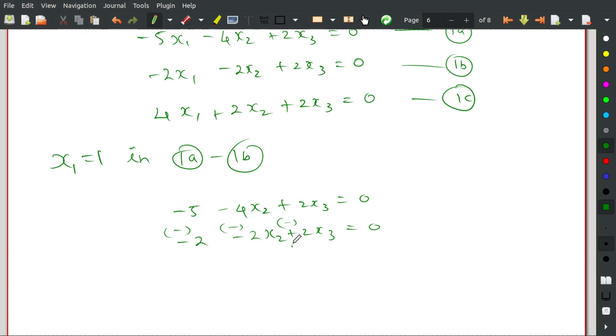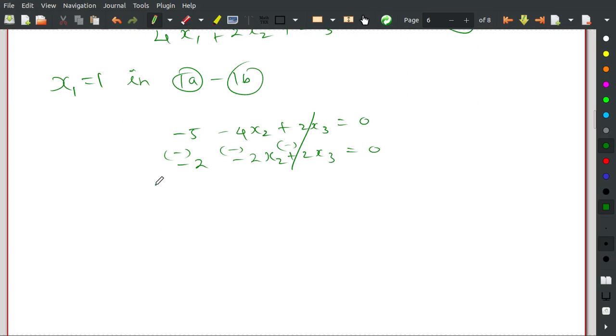If we subtract, the 2x3 term cancels out, and minus of minus becomes plus.